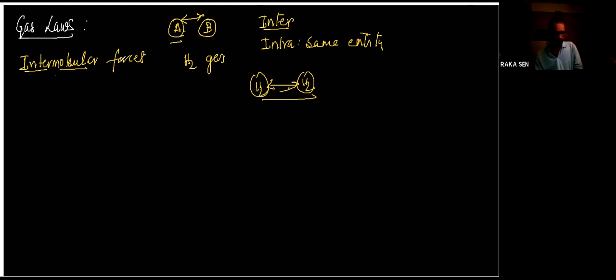Fine. Now, first we are going to talk about 3 different kinds of forces that actually take place. One of them is called dispersion forces or London forces. These are big names, but very simple to understand.